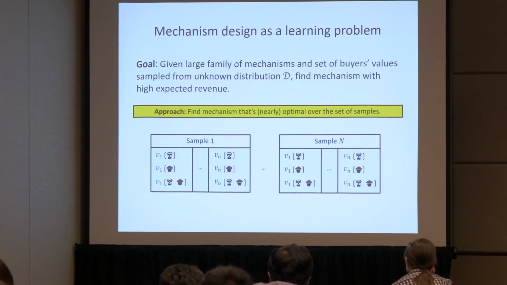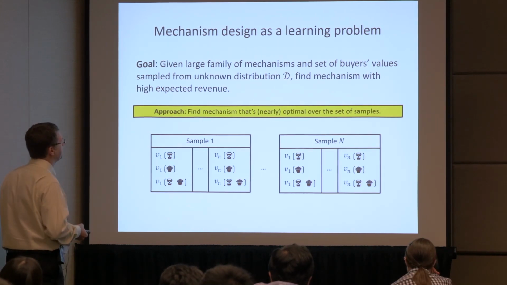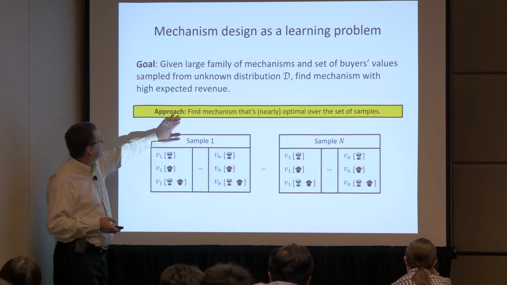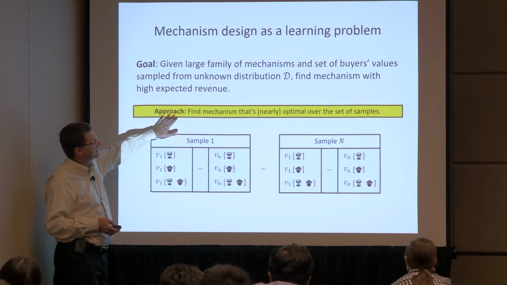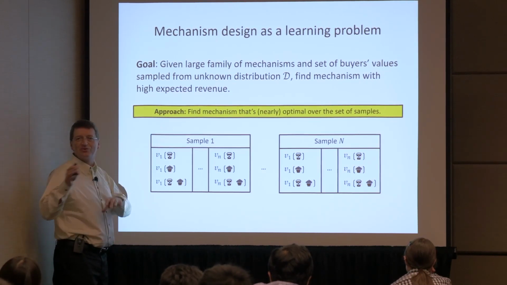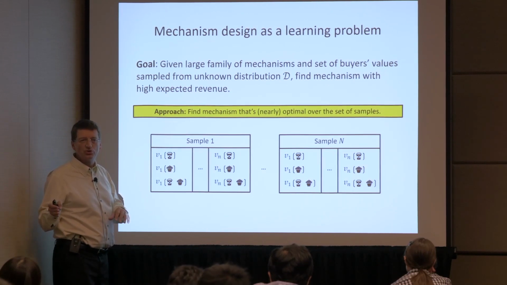Here, what we want to do is, given a large family of mechanisms and a set of buyers' values sampled from the unknown distribution D, find a mechanism with high expected revenue. The approach that we'll take is to find a mechanism that's good on the set of samples, and then we hope that it's going to be good on the real distribution, which we don't know.